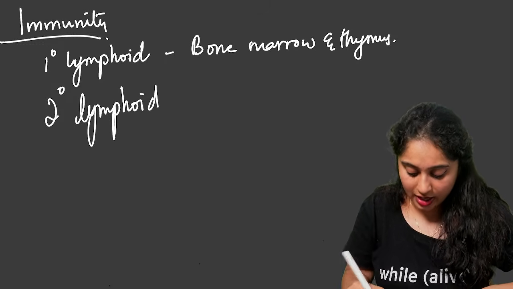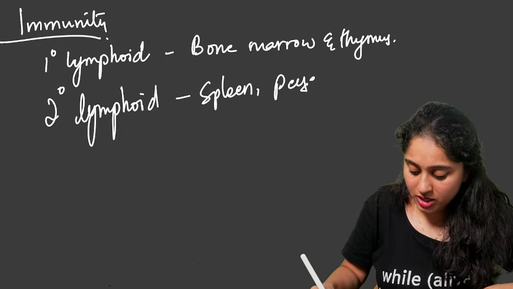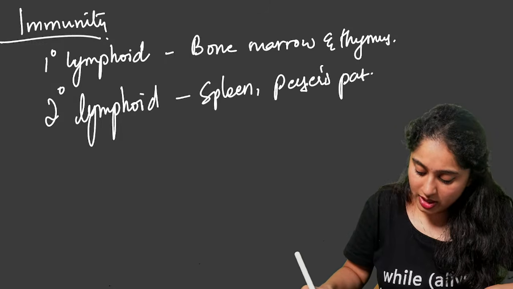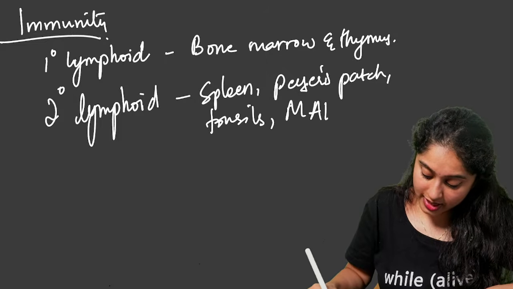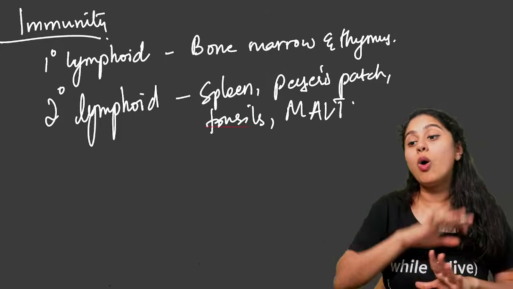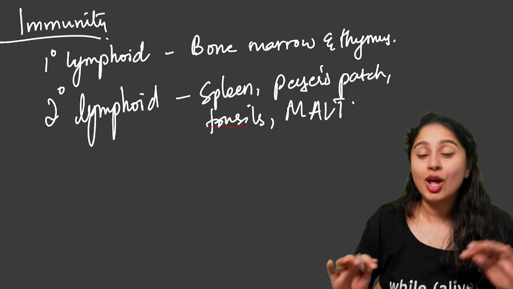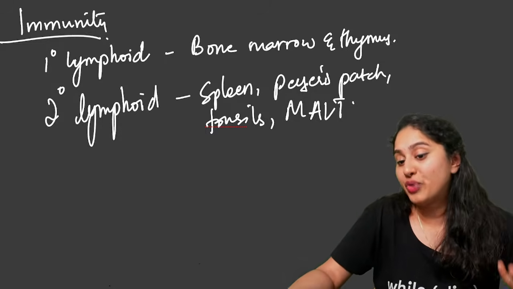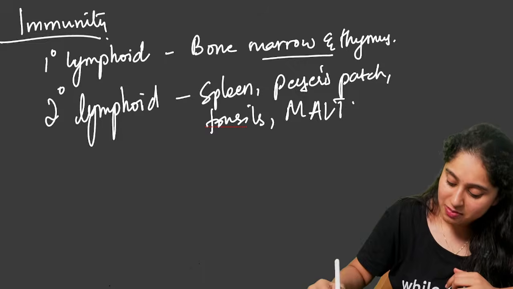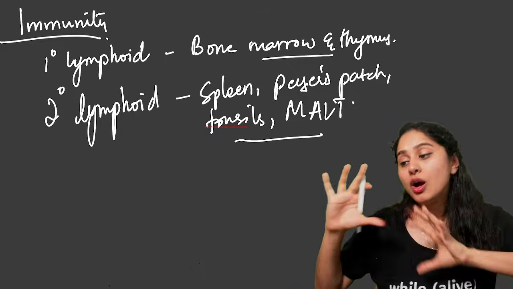Who are the secondary lymphoid organs? The spleen, Peyer's patches, tonsils, mucosa-associated lymphoid tissue and so on. All of these are part of the secondary lymphoid organs, where I get actual exposure to the antigen and it will fight for you. This is where the immune cells fight and protect you.